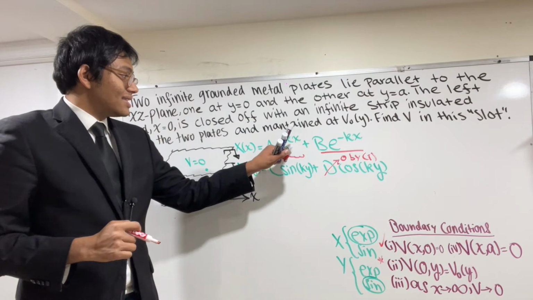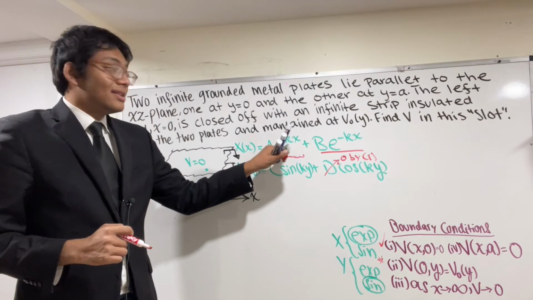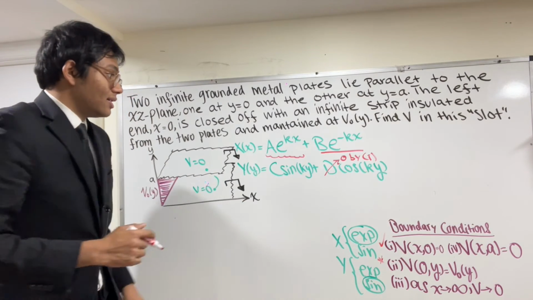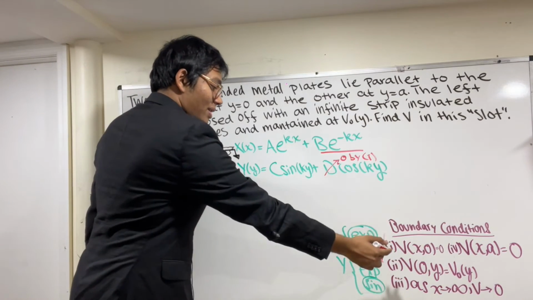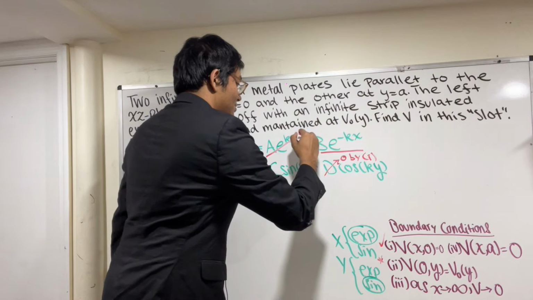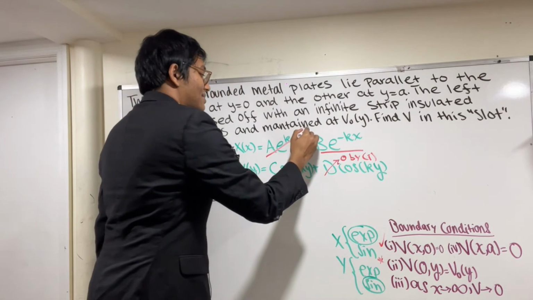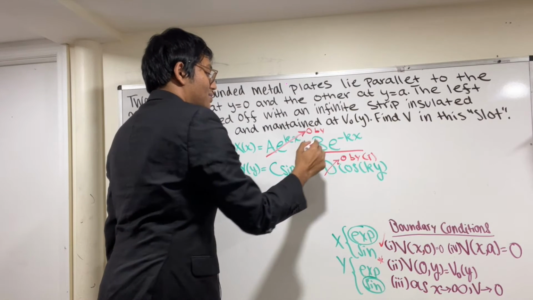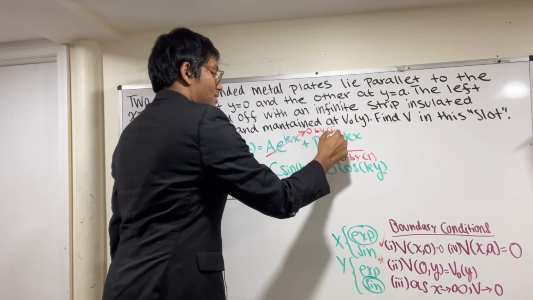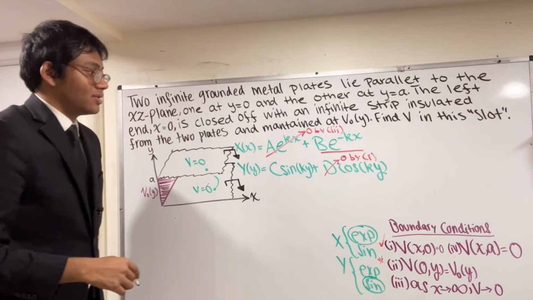Because as x approaches infinity, this term is going to get pretty big, and it's going to try to dominate. And so, the third boundary condition dictates that we make the constant a be 0, so that this term doesn't exist. So this is true by the third boundary condition.